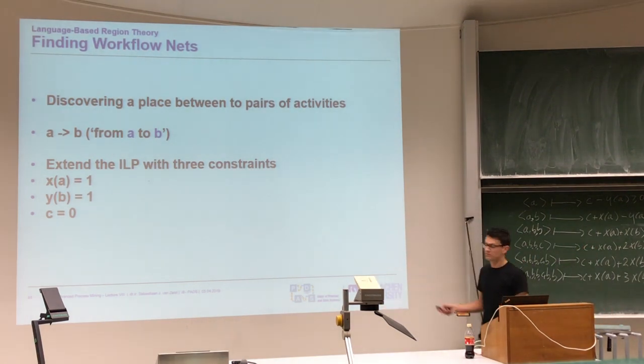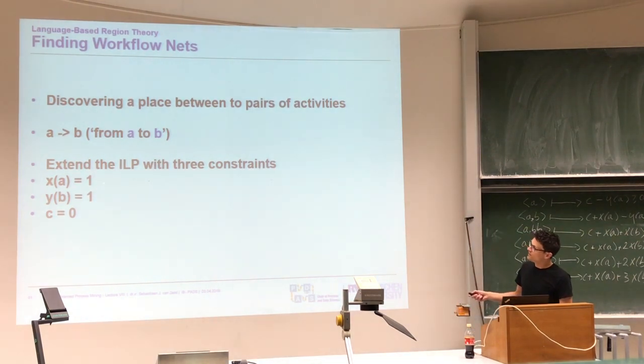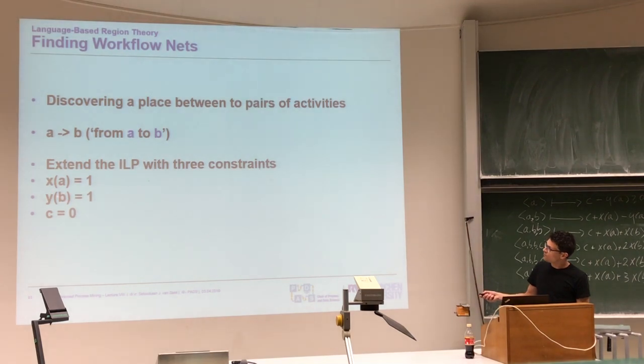So I construct my basic constraint body, and I say, well, whatever you find, at least put the x value of A to 1, meaning we get a place with an incoming arc from A, and set the y value for B also to 1, meaning we at least have an outgoing arc to B, and furthermore, this is again this marking variable, I don't want to have an initial token.